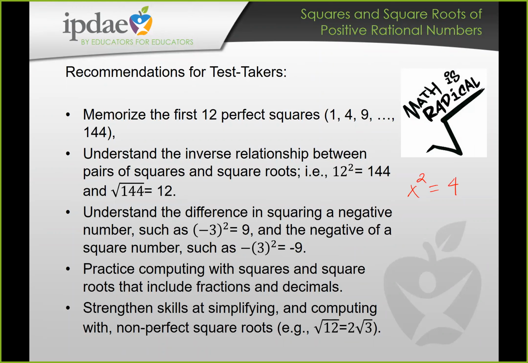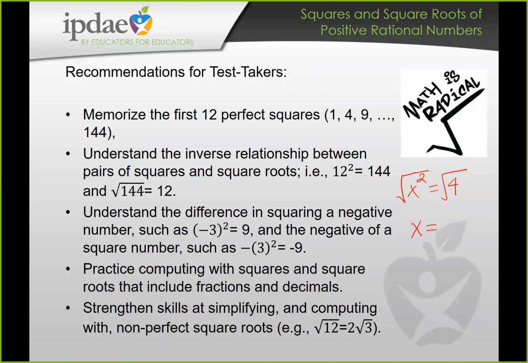When students are trying to solve an equation that involves an exponent or a power of 2, in this case we always suggest, this is the best way to deal with that problem: take the square root of both sides. And so therefore the square and the square root will cancel out on each side.